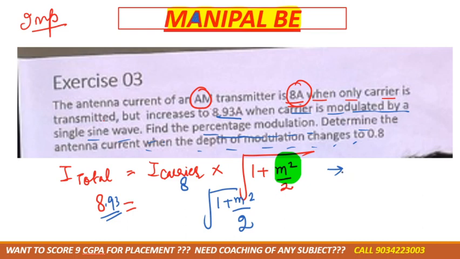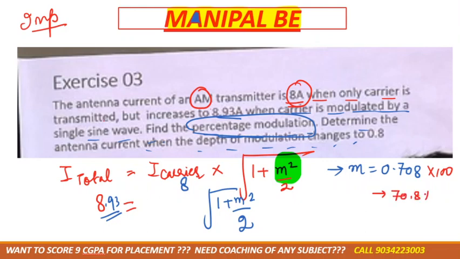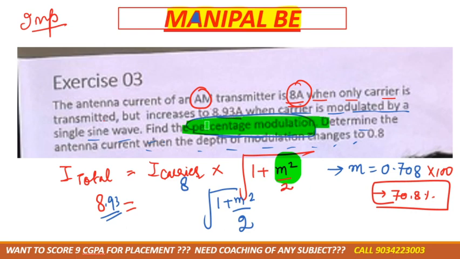So after calculating you will get modulation as 0.708, right? Now they are asking the percentage modulation, so we need to convert it into a percentage, so multiply by 100. So it would be 70.8 percent, correct? So we get the percentage modulation.